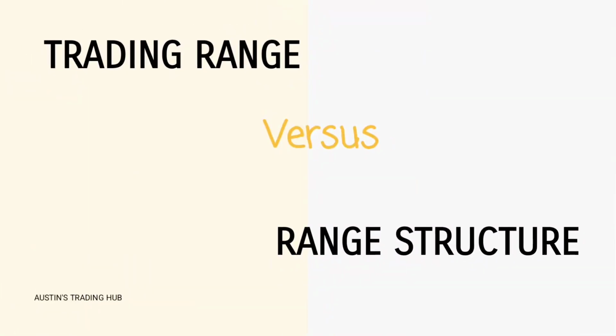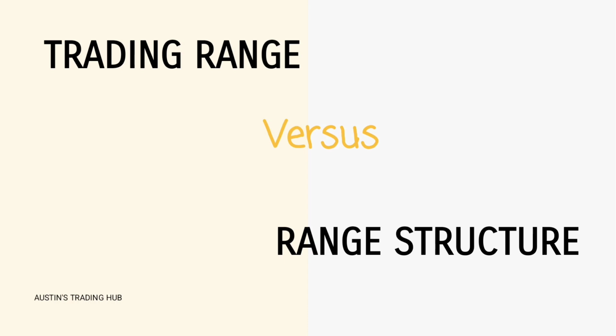First thing, you need to know the difference between trading range and range structure, as the names sound similar. We've already looked at range structure in depth in the previous video. So if you've not seen that video, please go back and watch it to have a clear picture of what a range structure is. But just a little recap.